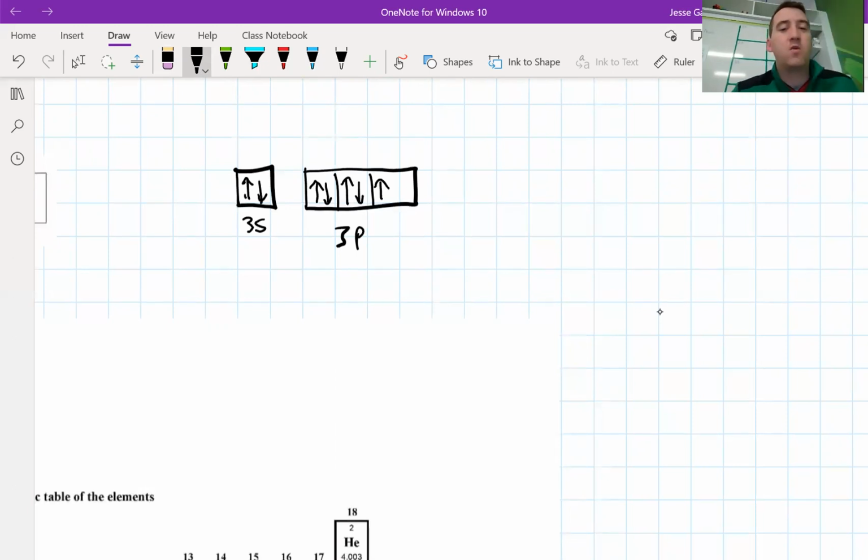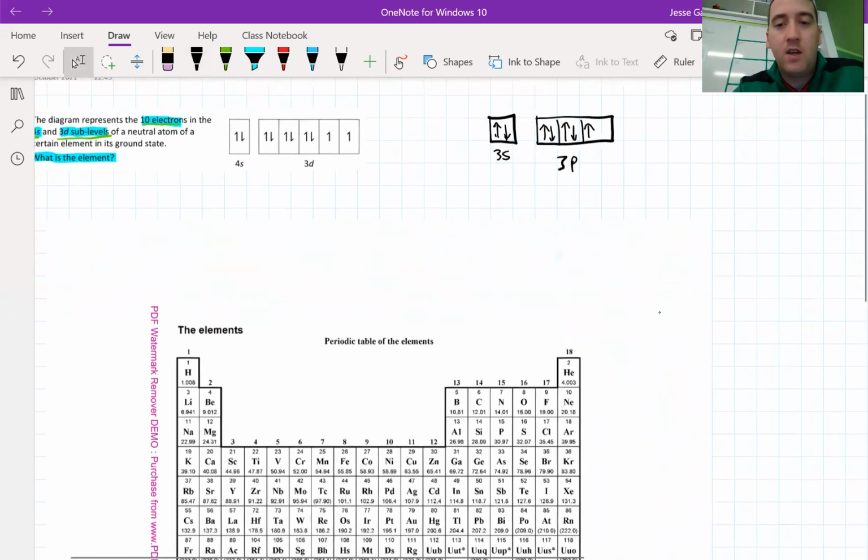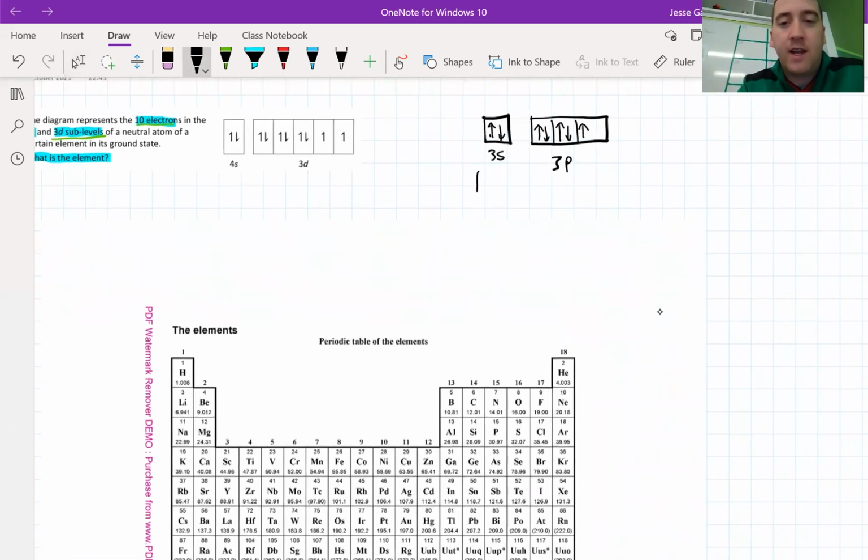What element would this be? So pause the video and work this out now. Okay, so there's the periodic table, and there is the element, and the electrons are in the 3s and the 3p sublevels. That's how many there are. See if you can work that one out.